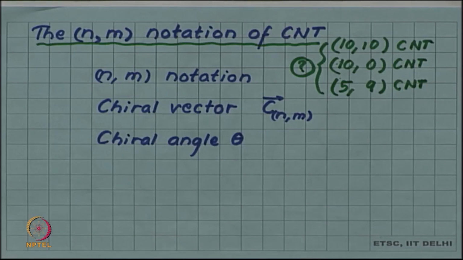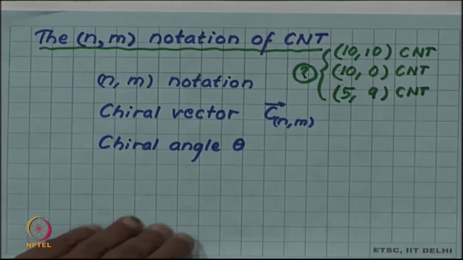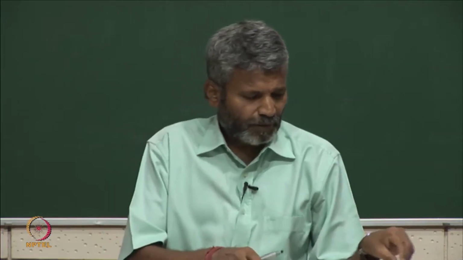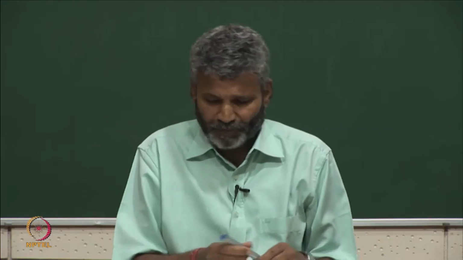To do this, we again begin with our graphene sheet, and now I will try to show carefully what I was telling you, what I do when I was trying to match the atoms along the tube axis. Let us look at this graphene sheet.